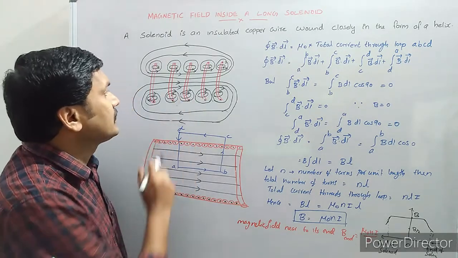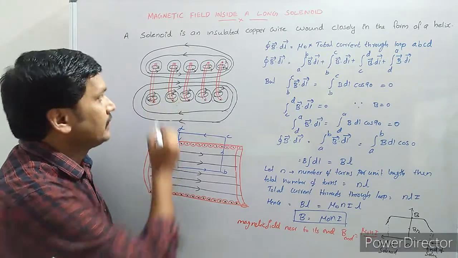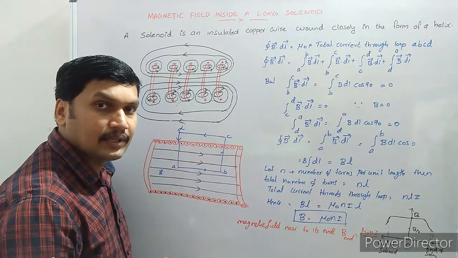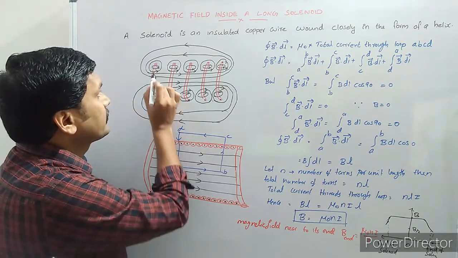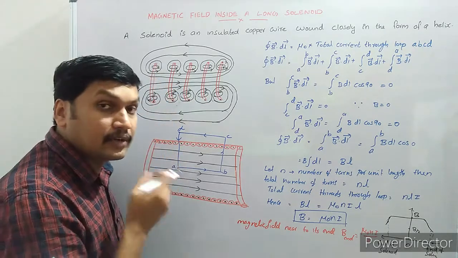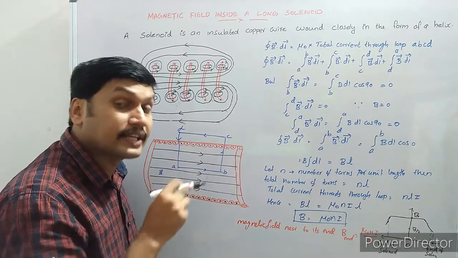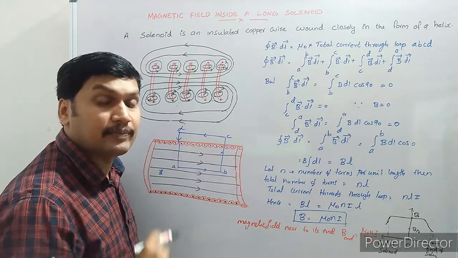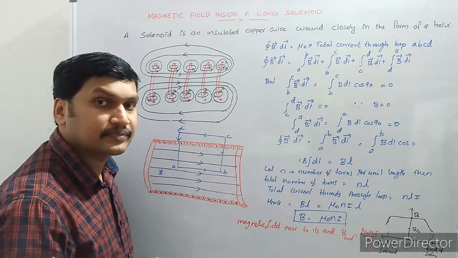When you are taking a single turn of such a solenoid, the magnetic field produced by this solenoid very close to it is concentric circles, just similar to the magnetic field produced by a straight line conductor.